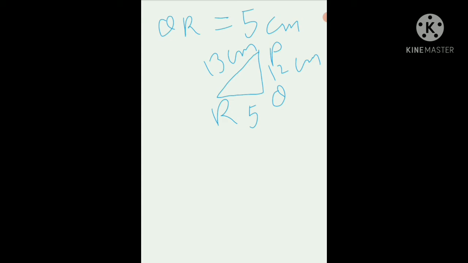Now, as I said before, we have to find the value of tan P minus cot R. This question depends on these values only. When you get the value of tan P and cot R, then you can easily simplify and find the solution of this question.